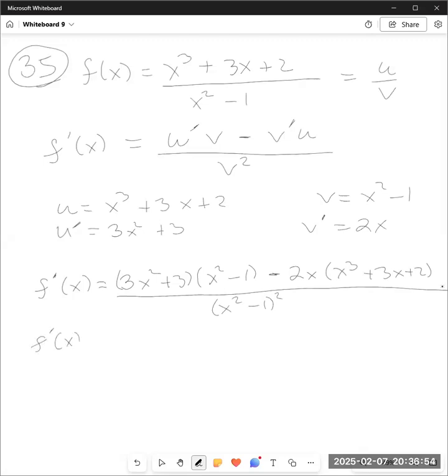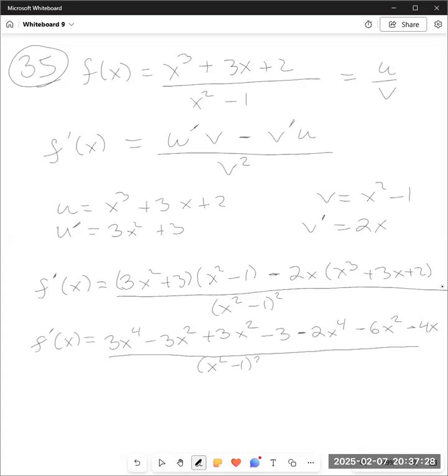F prime of x is equal to 3x to the fourth minus 3x squared plus 3x squared minus 3 minus 2x to the fourth minus 6x squared minus 4x all over. Leave this alone.